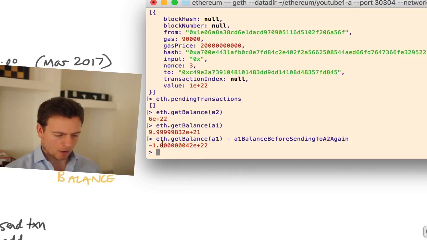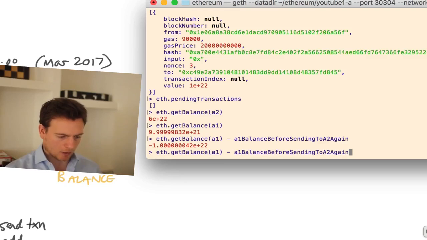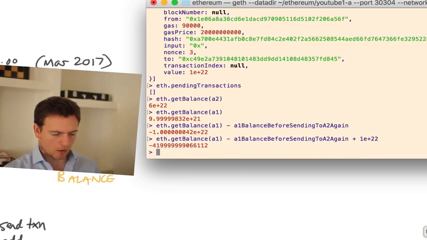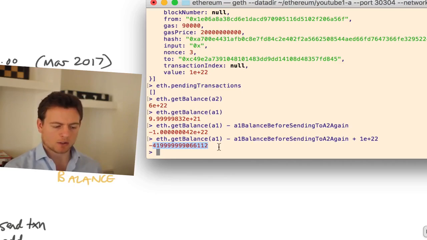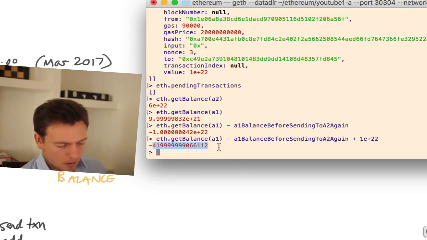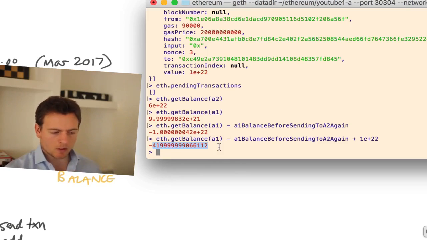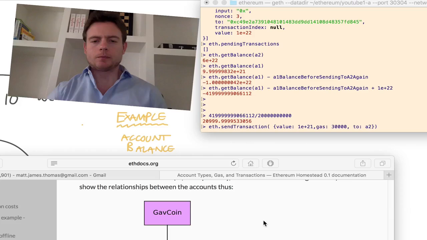So if we do this, I just want to really sort of isolate, plus 1e22. Then this is the actual amount of wei that it cost us to send that transaction, right? So we can start to see how much it costs to do certain things.